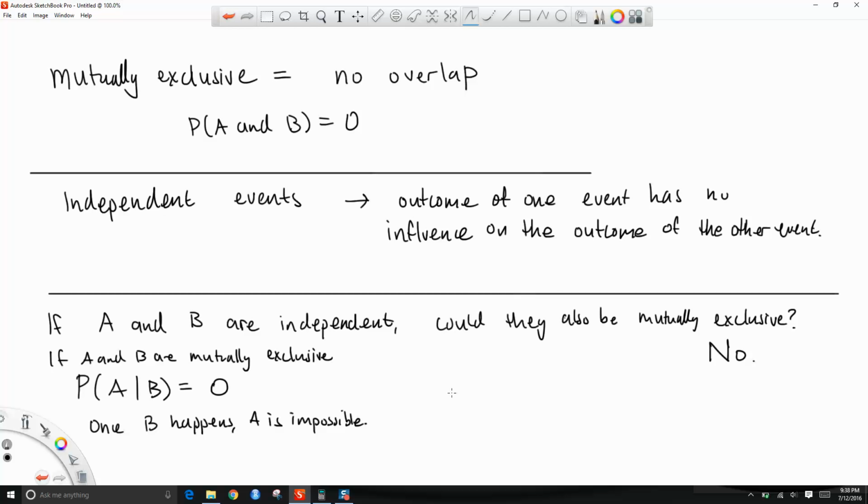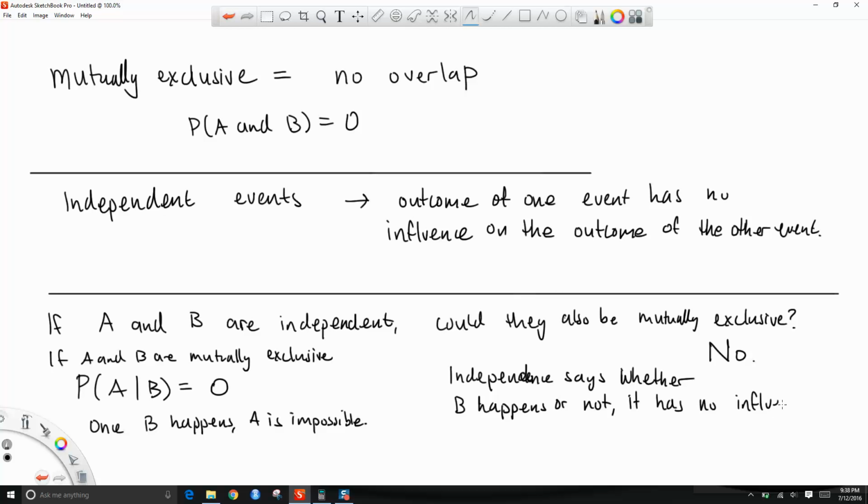Whereas independence means that whether B has happened or not, it has no influence on A. So these are saying two very different, contrasting things.